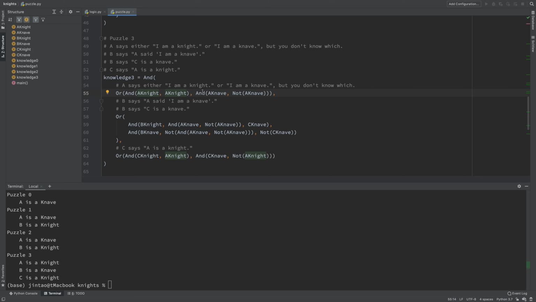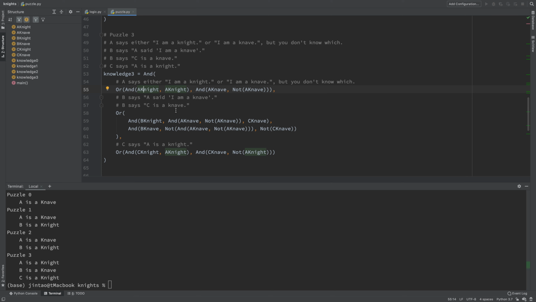And in the second situation, A is a knave, but the statement from a knave is always going to be not true. So we can say his statement is going to be not a knave, and because we don't know which one, we need to put an or to combine these two statements.